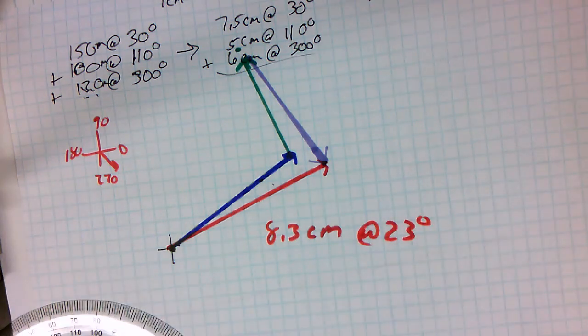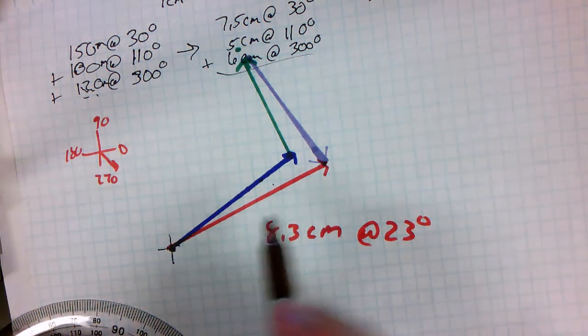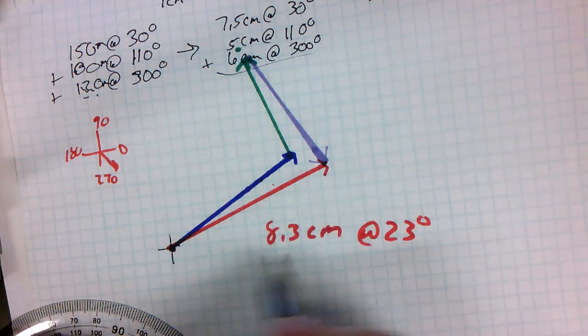Now, I'm going to teach you tomorrow how to figure out this value algebraically. This answer here is going to have error in it. And we are going to allow in this class, whatever the actual algebraic answer is, there's going to be a very precise answer to this value.